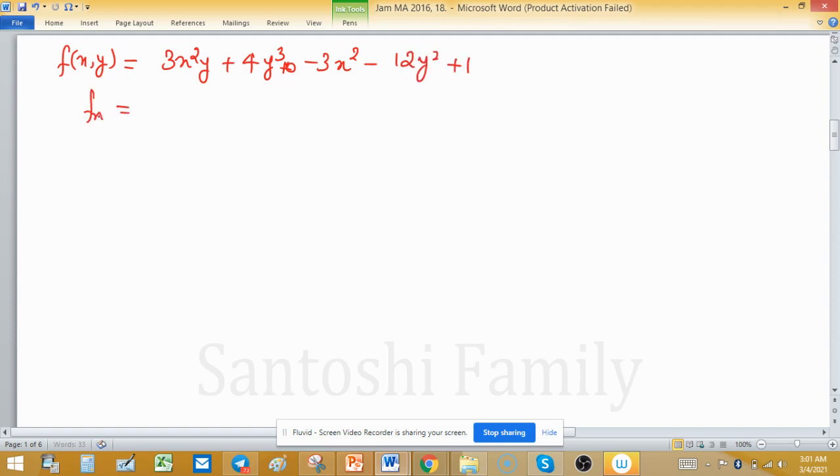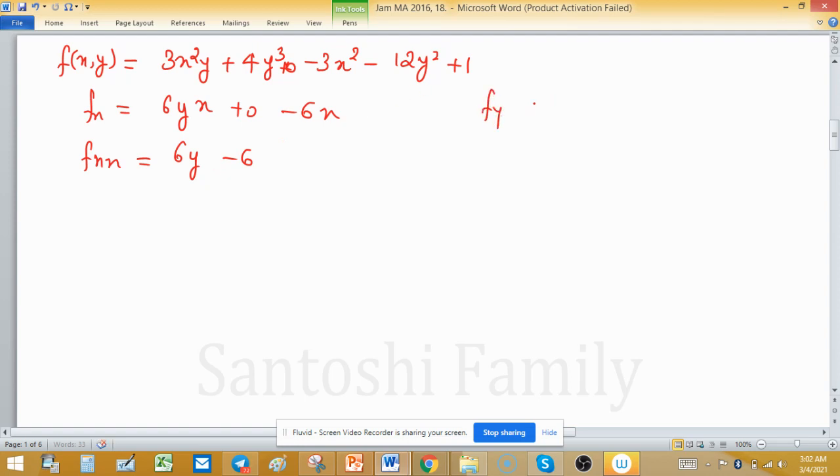So the first partial derivative with respect to x will be 6xy plus 0 minus 6x and again 0. Fxx will be 6y minus 6.